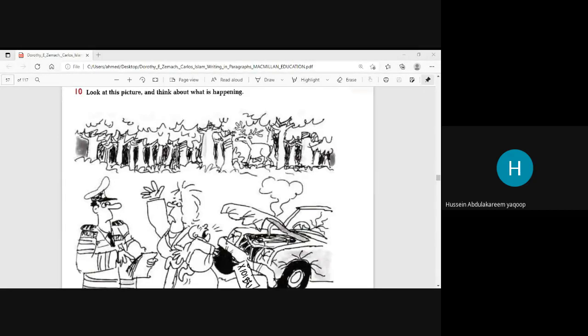Now, the coming assignment for us is to write about this picture. We need to start with brainstorming in a way that allows us to write about the ideas that might be included.